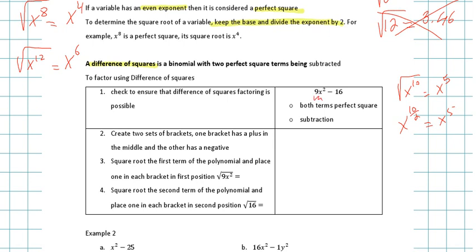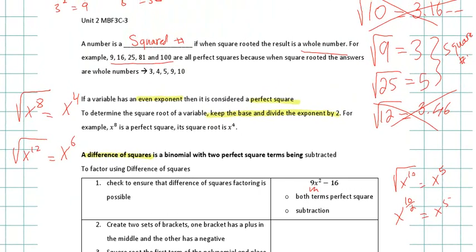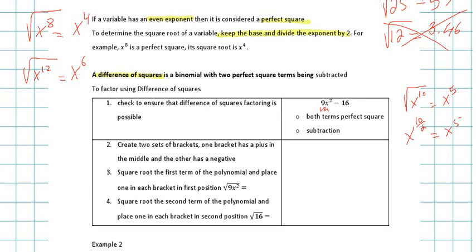Because 9 comes from 3 times 3, so 9 is one of the perfect square numbers. And how about x squared? It has an even exponent, so it's a perfect square.